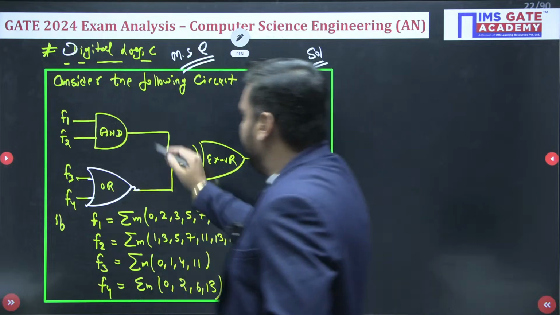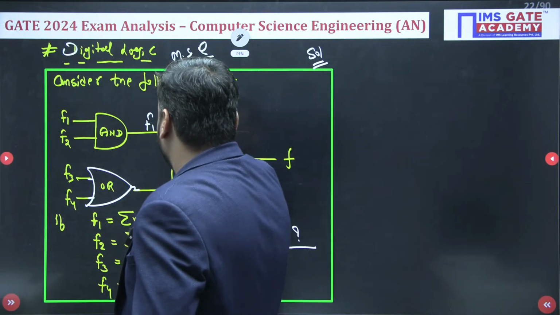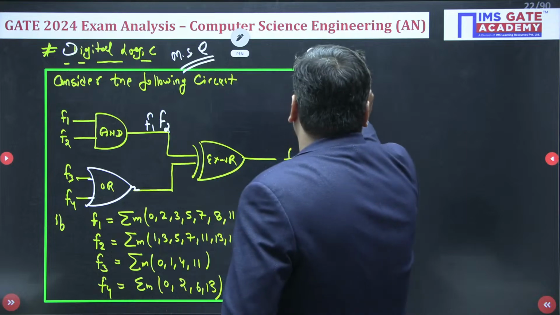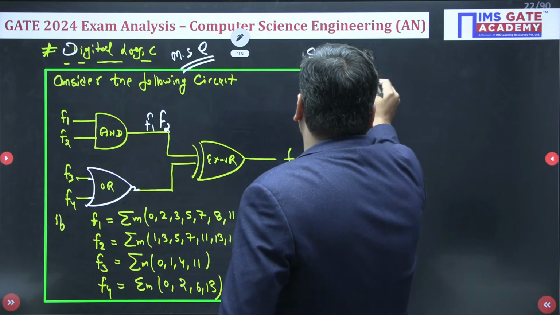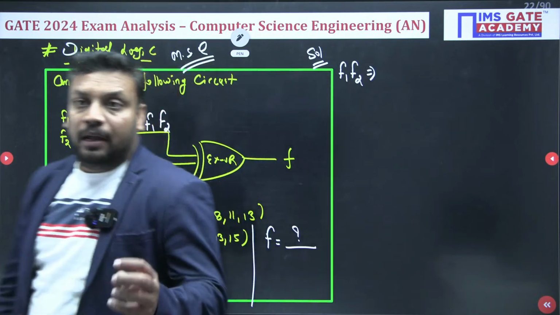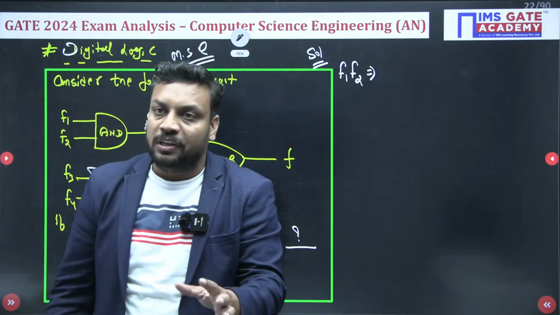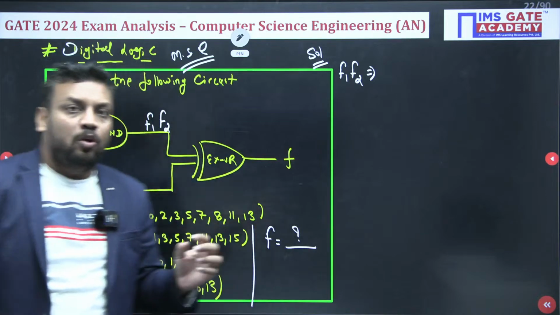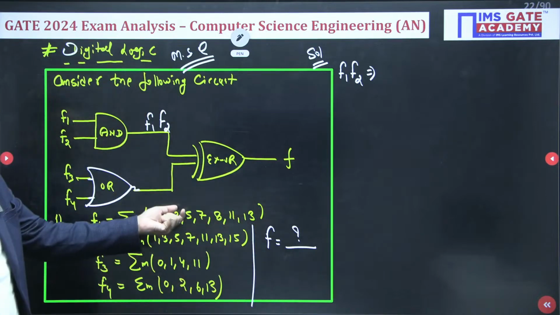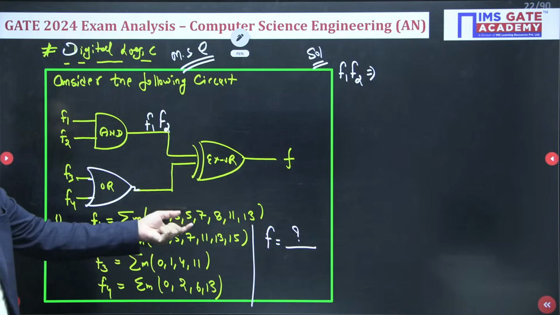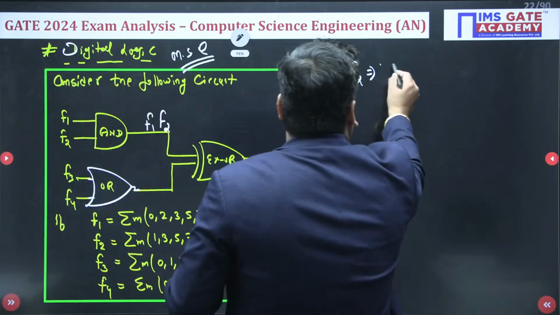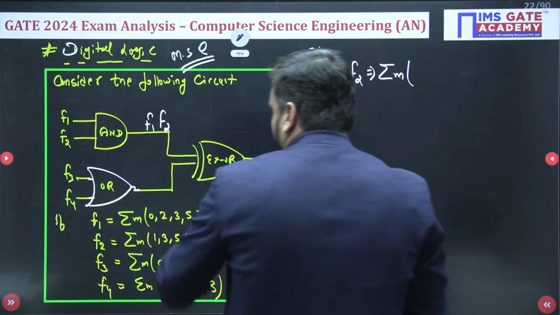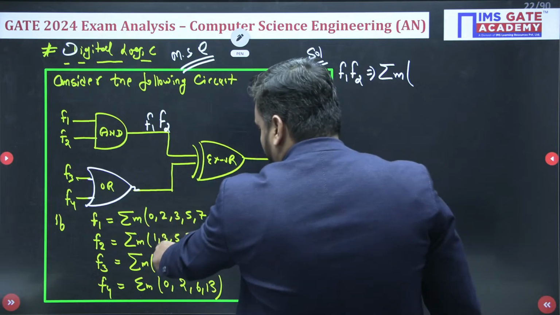If I am looking for F1, F2, then I must write here F1, F2. As far as the AND operation is concerned, if you have the sigma m values, you just check the common minterms. So F1, F2 in sigma m will be what, guys? 0 is not common, 1 is not common, 3 is common.